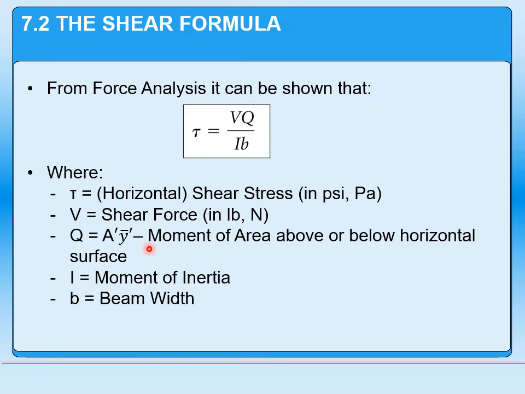Q is our moment of area. It's described as A prime times y bar prime. We'll talk about that in a minute. But it's the moment of the area either above or below the surface that we're looking at, because keep in mind, when we're talking about tau, we're talking about the shear at a horizontal surface. We also need the moment of inertia of the entire beam and the beam width. So the beam width is important here, where you notice it's inversely proportional to the beam width. Where we have wider beams, we're generally going to have smaller levels of shear.